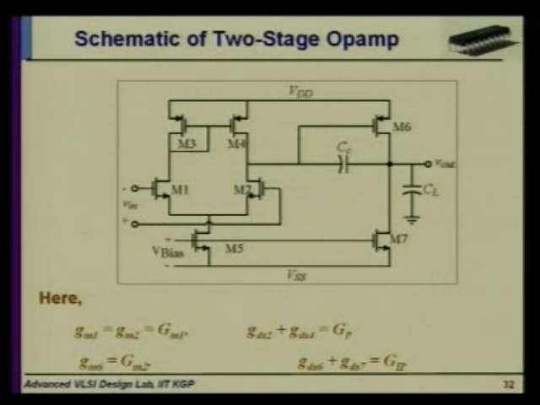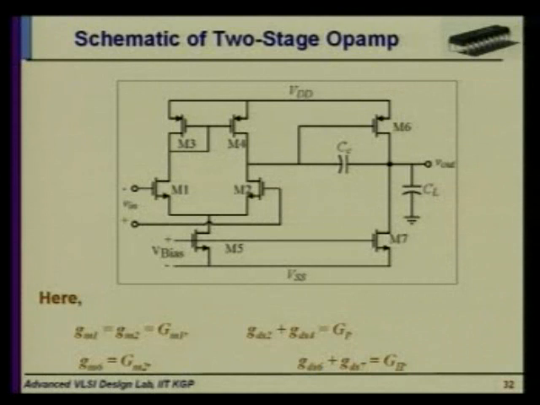And what is PSRR? I am just giving you a simple idea: there are two voltage supplies, VDD and VSS. These are supposed to be constant DC voltages, but there may be a small AC perturbation in those voltages also.